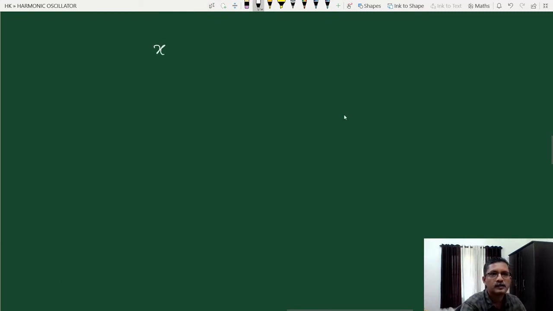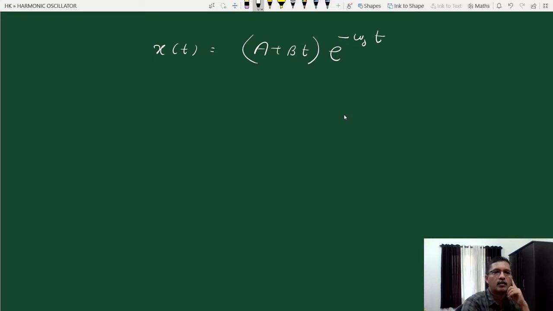So then our general expression for the displacement at any time is (a plus bt) e raised to minus omega 0 t, where a and b are constants. Okay, now at time 0, what is x of 0? x of 0 is equal to 0. It's at equilibrium at initial time, and it is at rest also. Then we put time equal to 0 here.